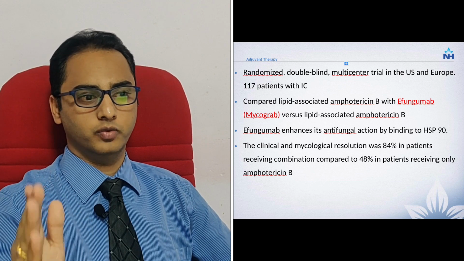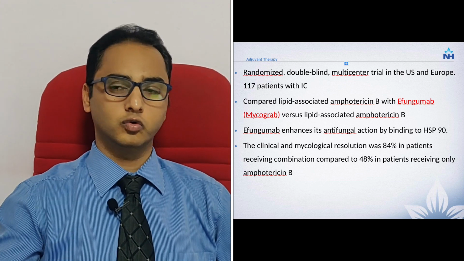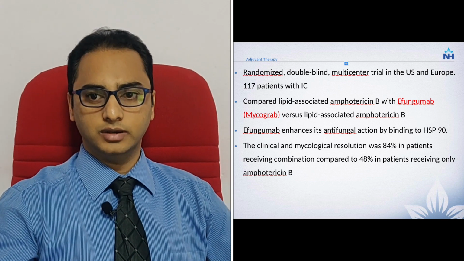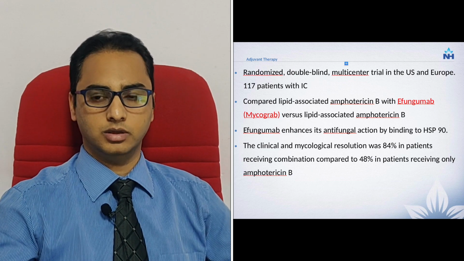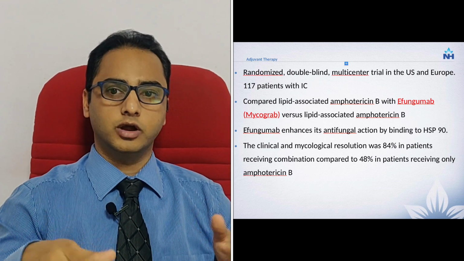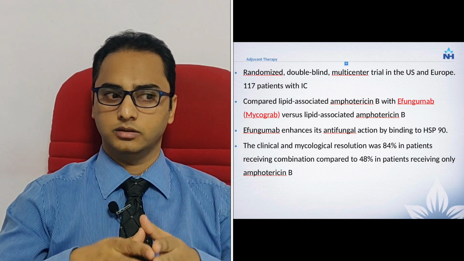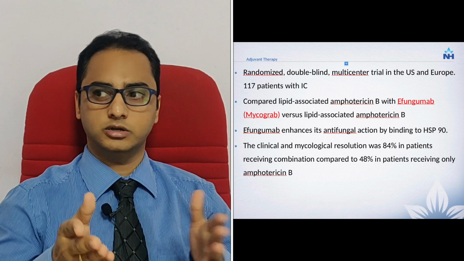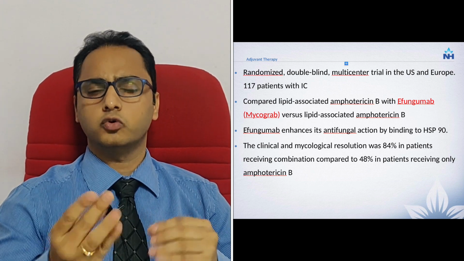How is it going to act? It enhances the activity of amphotericin by binding to heat shock protein 90. So you have to remember, something is happening in terms of adjuvant therapy for the treatment of invasive candidiasis. One study with efungumab, a monoclonal antibody, used with liposomal amphotericin showed some benefit.